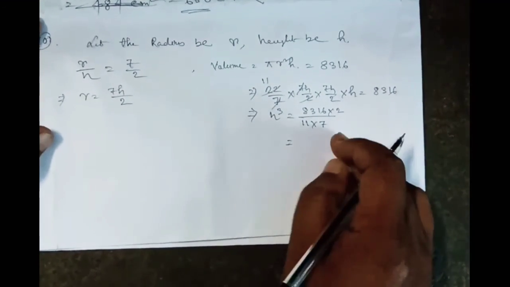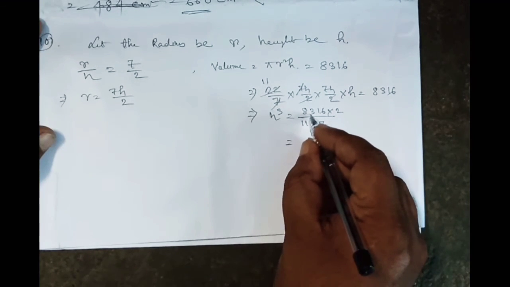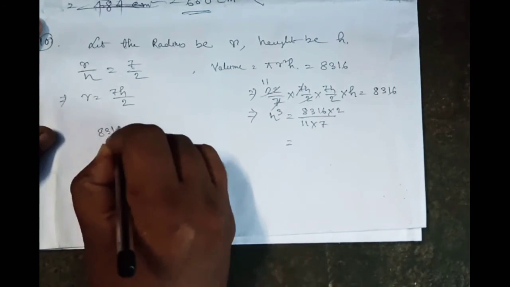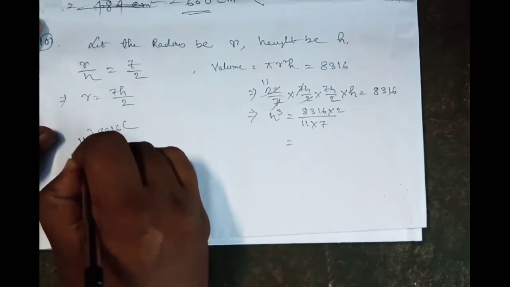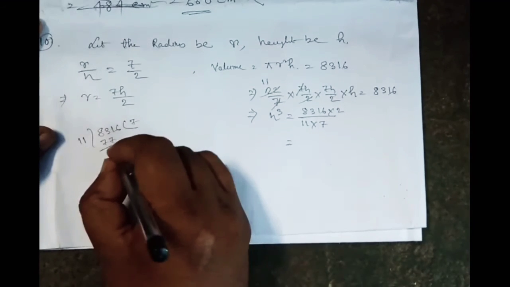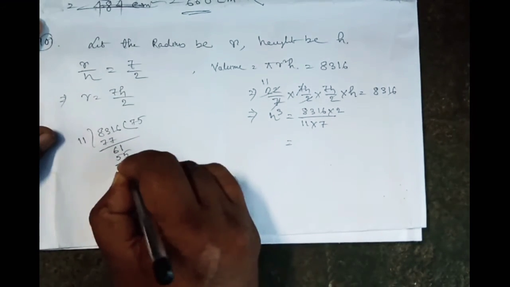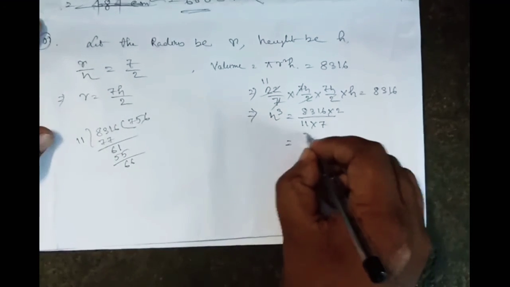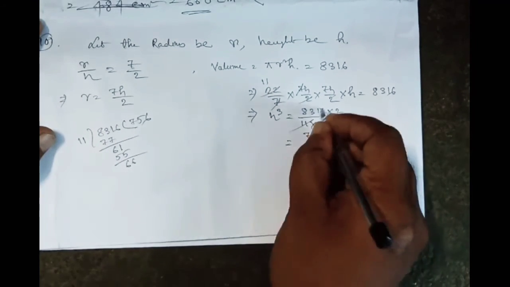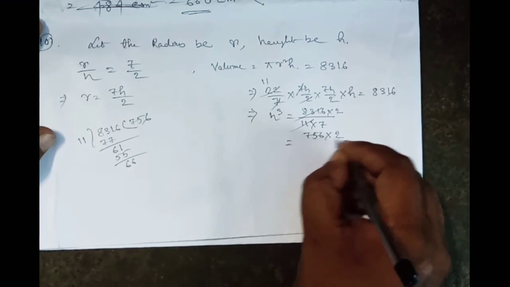Next, if we do the calculations over here, that is, if we do 8316 by 11, this would be 756 into 2 by 7.